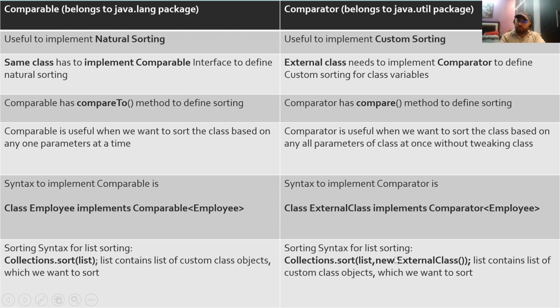And in case of Comparator, what is the method? There is another overload of Collections.sort. Again it will accept the list as the first argument, and the second argument would be the class object which has implemented Comparator. In this case, this particular class has implemented Comparator, so we need to pass the object of it. So this is how we can achieve custom sorting.